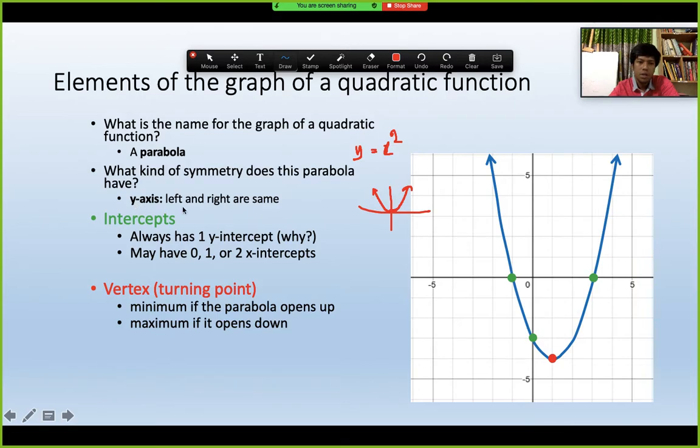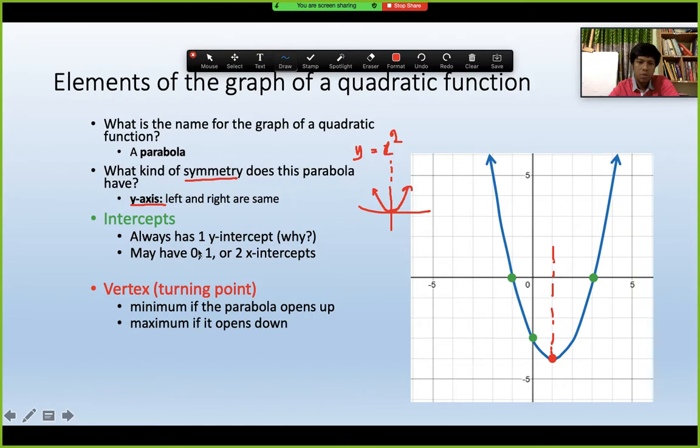That's why we are saying that the y-axis is the symmetry for the parabola. But of course, for this parabola, the y-axis is not the symmetry. It has another symmetry, which is called this line, which is actually this line. And we will study about this line a little bit more in the coming slides.